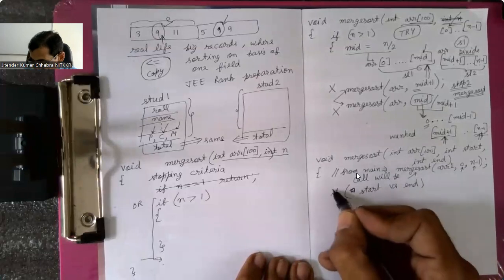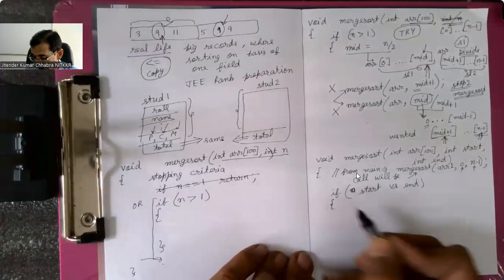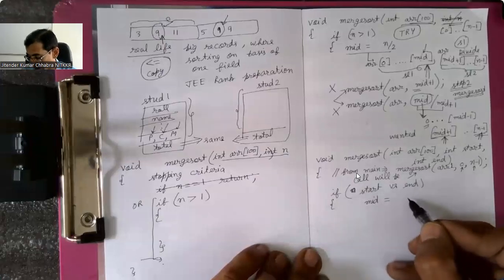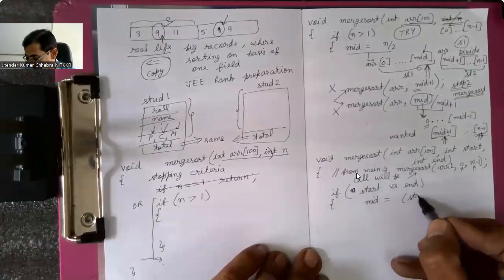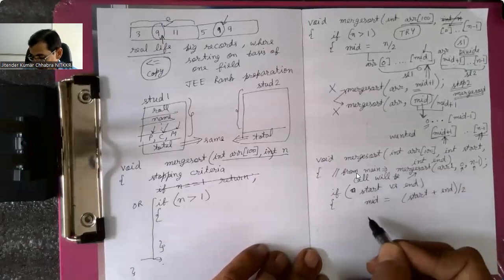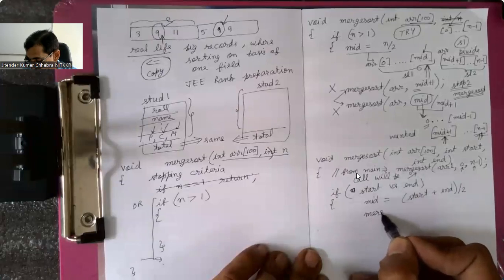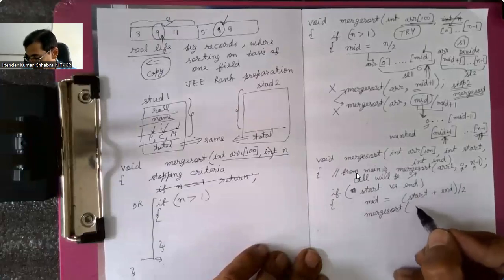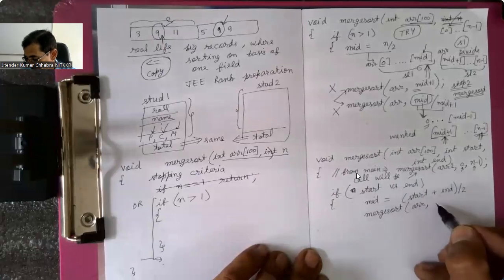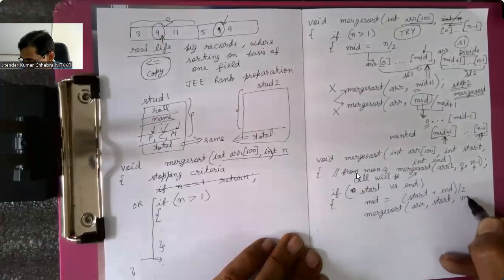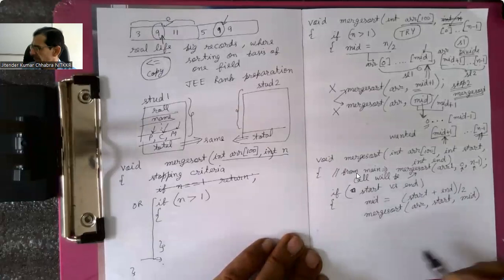If there is some condition where you want recursion to happen, so you will find mid equal to what? You have to probably think start plus end by 2. Then you should be able to make a call to merge sort from where to where? Array. And merge sort 1, that is sublist 1, starts with start and ends at point mid.